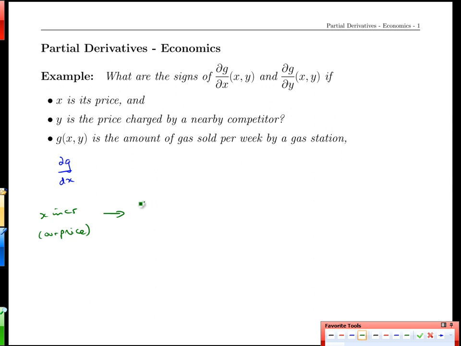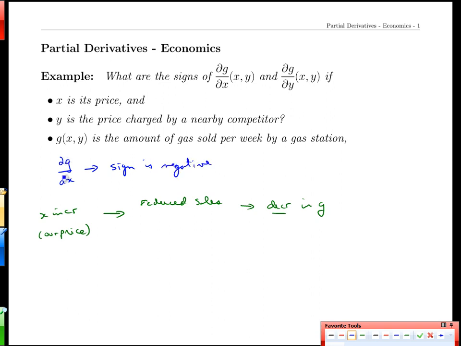So reduced sales, and that translates to a decrease in g. So if we take a step in the positive x direction, we get a resulting decrease in the function g, and that would tell us that the sign of this partial derivative is negative.